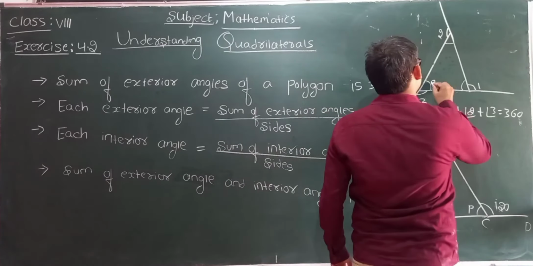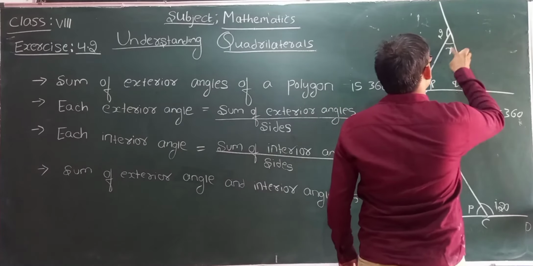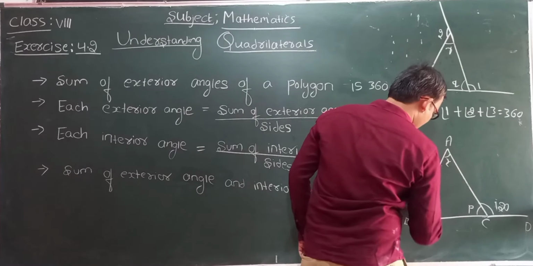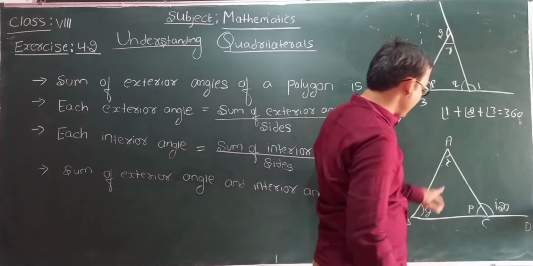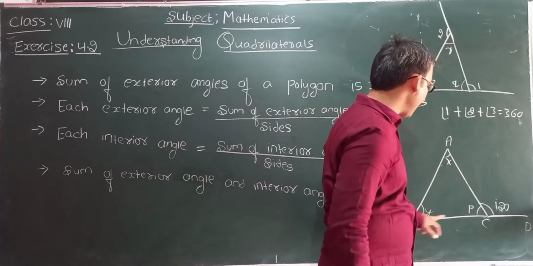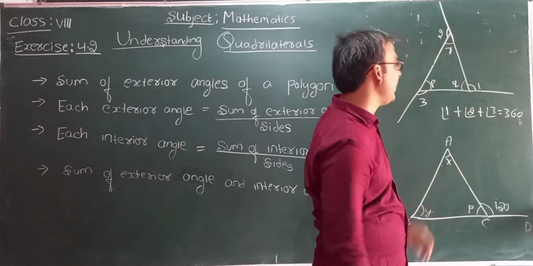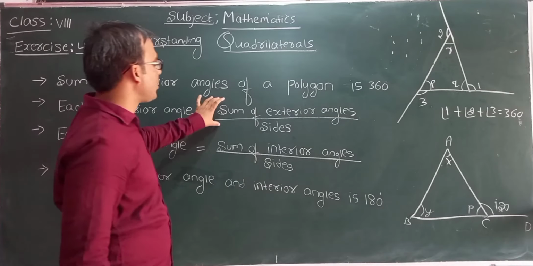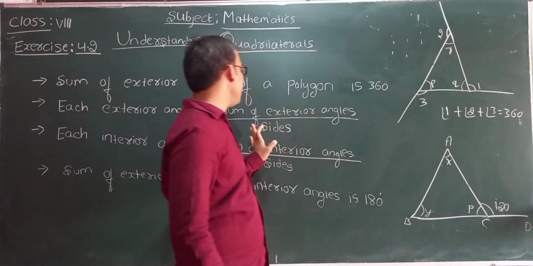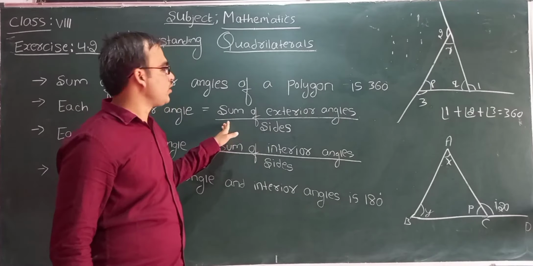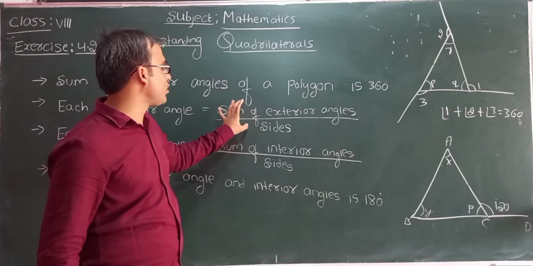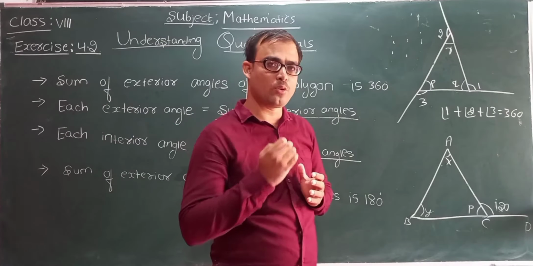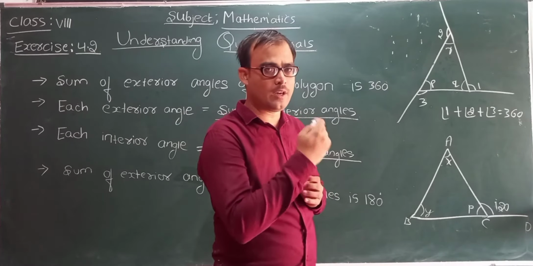Here P, Q, R are interior angles, and X, Y and P are interior angles. Each exterior angle is equal to the sum of the exterior angles divided by the number of sides. Suppose we want to know the value of the exterior angle of a polygon.